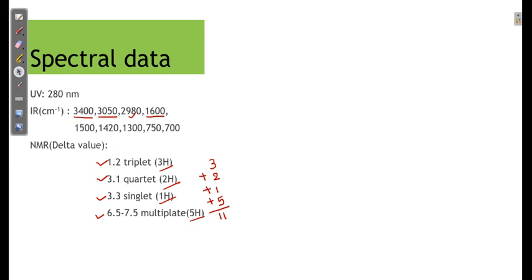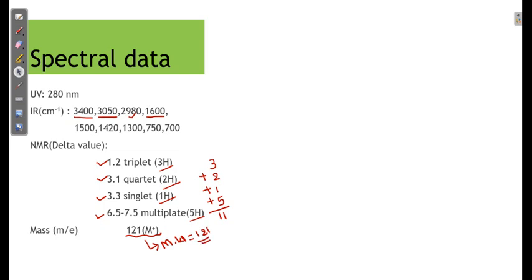There is no molecular formula given, and no straight molecular weight either, but from the mass, the M plus signal is given at 121. It indicates that the molecular weight of this compound is about 121.